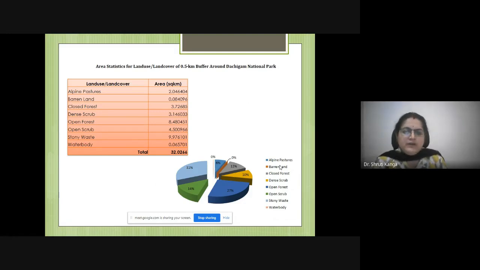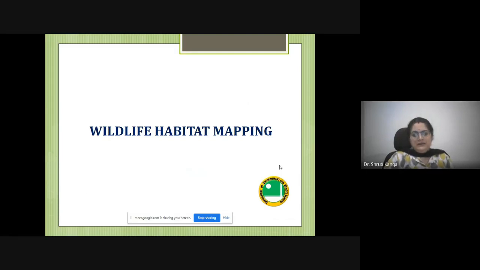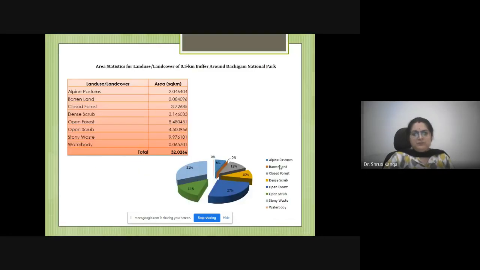So these are the different land use land cover classes of that 0.5 kilometer buffer, where in the total buffer, 27% area falls under open forest, and 31% area, which is the maximum, falls under alpine pastures. Then barren land, only 0%. So these are the different land use land cover classes in this buffer.